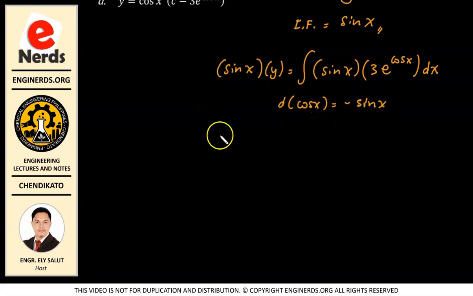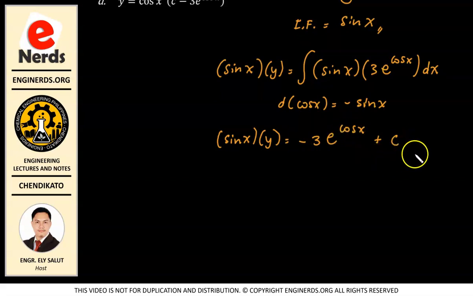So sine x times y is equal to negative 3 e to the cosine x plus c, because we multiply by negative 1. If you're confused here, you have to review the lectures about integral calculus.